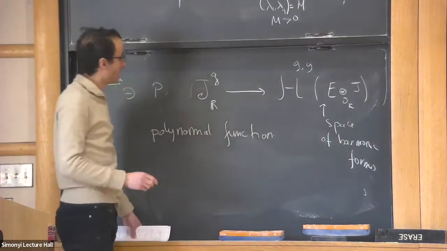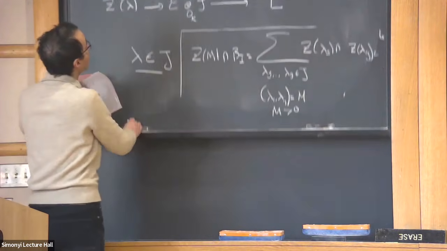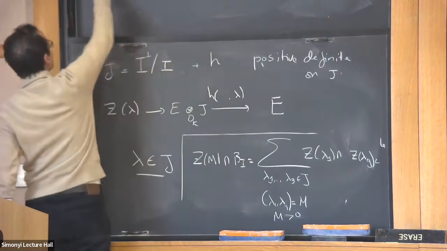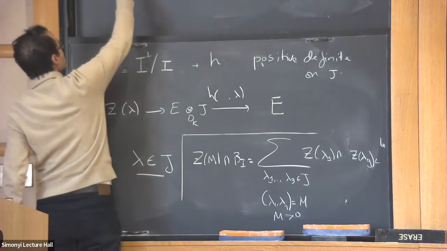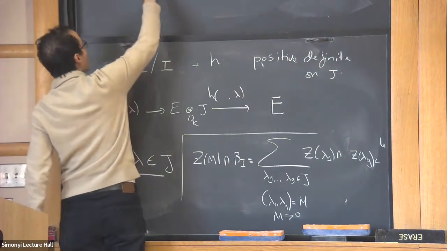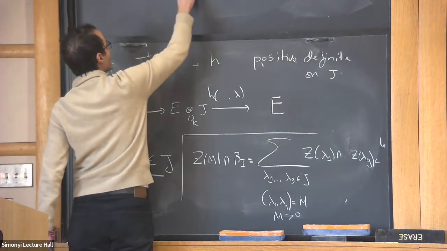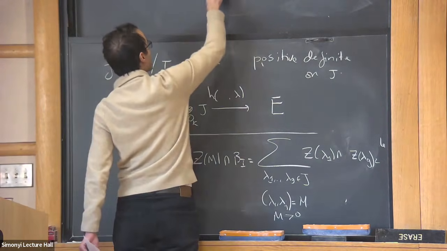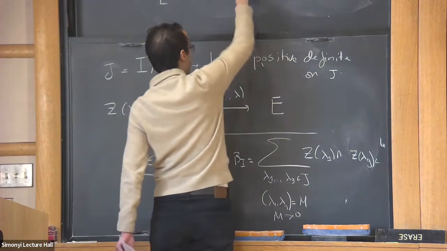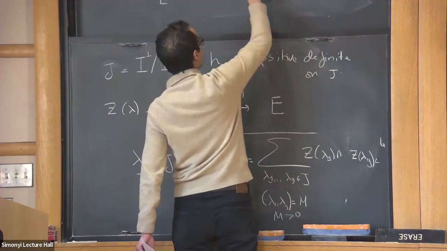Such that if you choose any lambda 1, ..., lambda G in the integral lattice, then P of lambda 1, ..., lambda G, the cohomology class of the differential form, is equal to these special cycles that I have defined here.